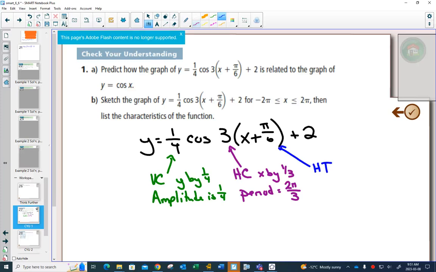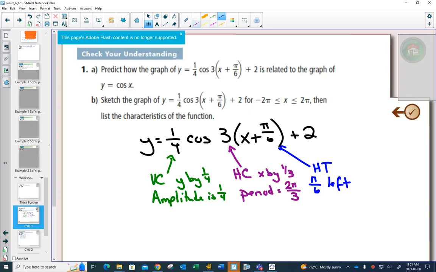The pi over 6 is a horizontal translation, pi over 6 to the left. In our shortcut unit, that's just the final thing we did, which is still just a shift to the left. So there's nothing really new with that one.